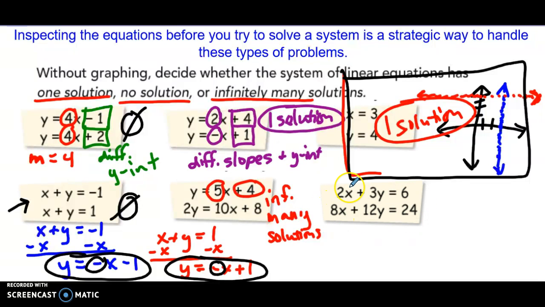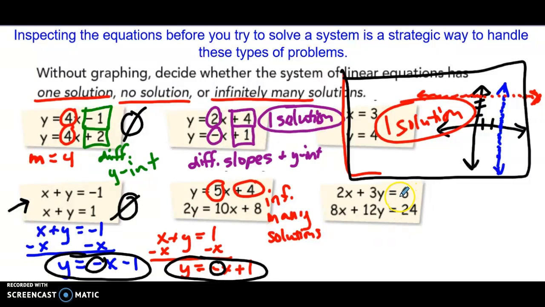Okay, our last example, we have 2x plus 3y equals 6 and 8x plus 12y equals 24. So kind of gross because these are not in slope-intercept form, so it makes it hard for me to see exactly what's going on. But even though they're in standard form, I can see that 8x is 4 times as big as 2x, and 12y is 4 times as big as 3y, and 24 is 4 times as big as 6.